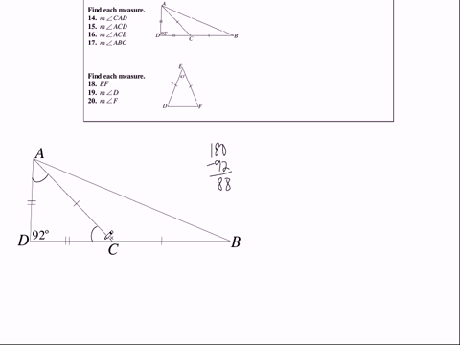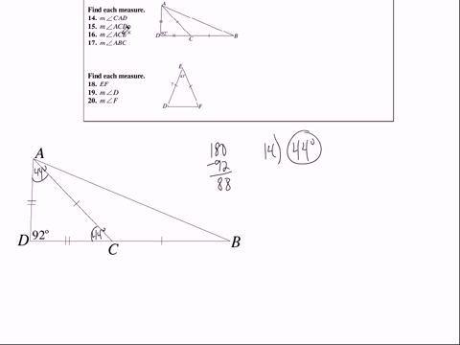If they're both exactly the same, I can just take half of 88, so this is 44 degrees. That's all there is to it. This one right here is 44 as well, but on number 14 they're just asking for that one. So number 14 is 44 degrees.